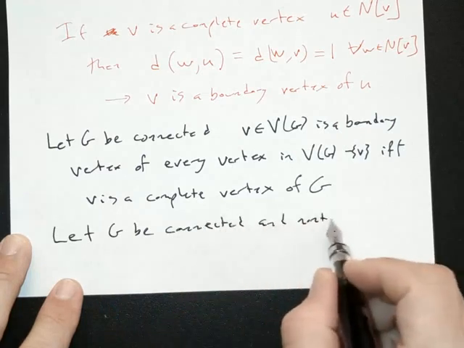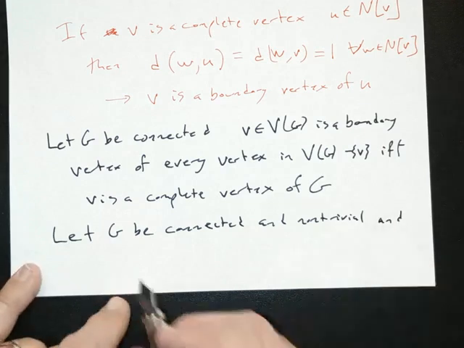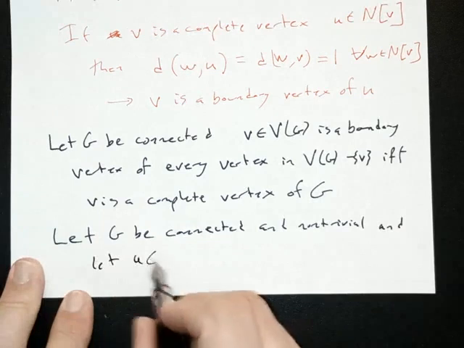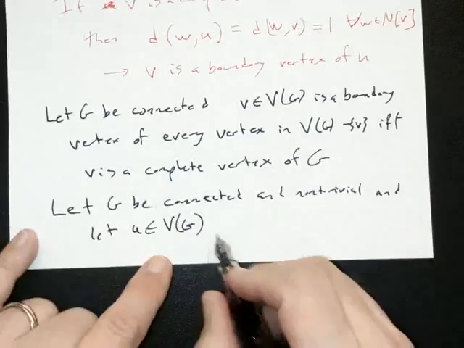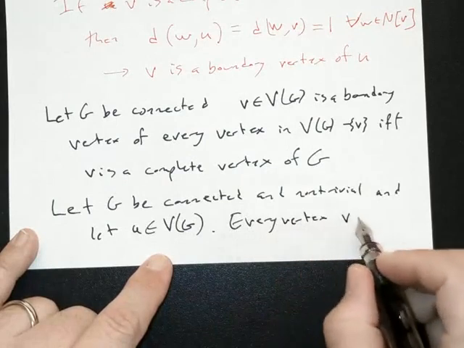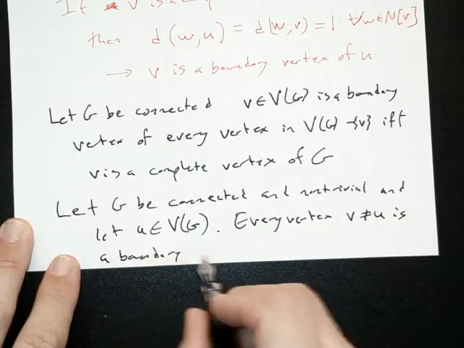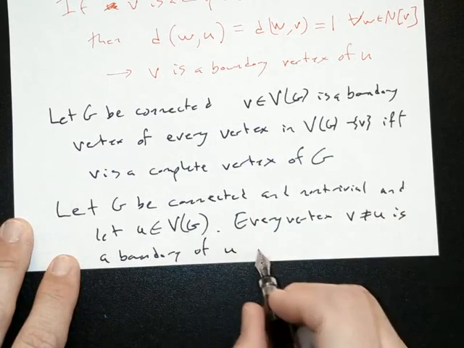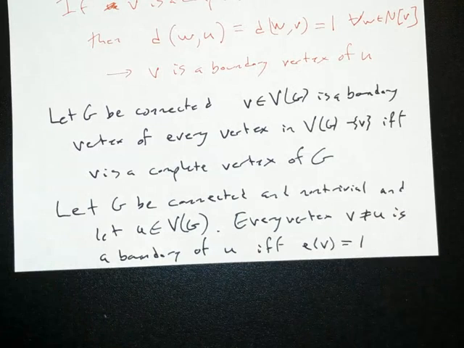A graph is non-trivial if it has edges. Let's take a vertex U. If that eccentricity is 1, then every other vertex is a boundary vertex.